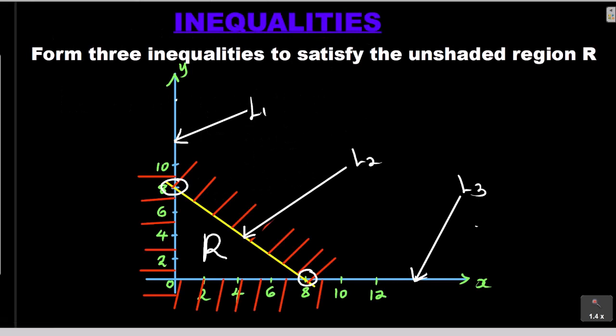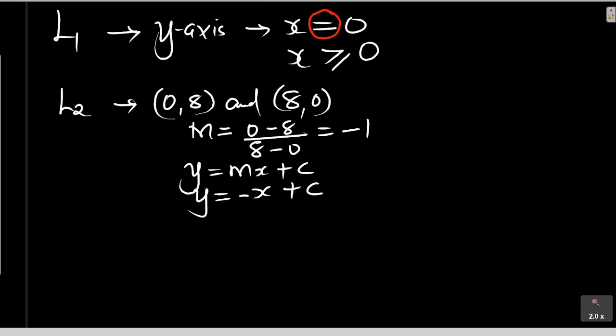The y-intercept means the point at which that line cuts the y-axis. It is cutting the y-axis at 8, so c will therefore be 8. So the equation will be given by y equals -x plus 8.